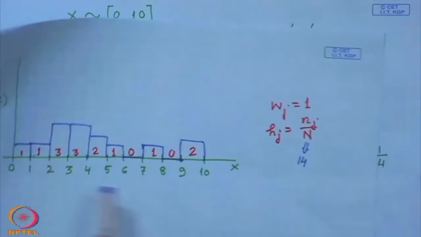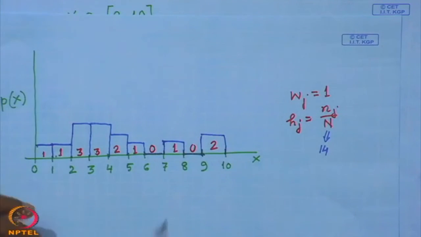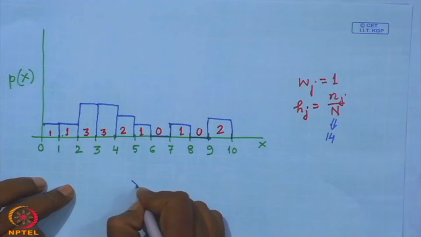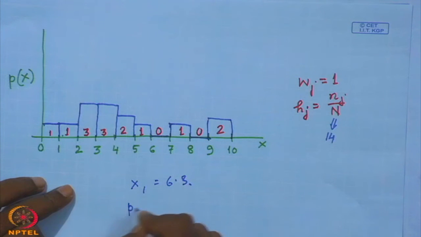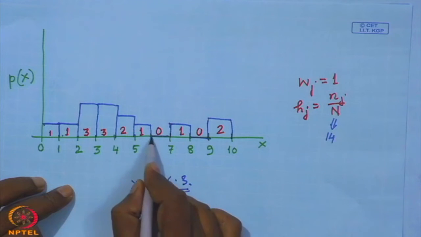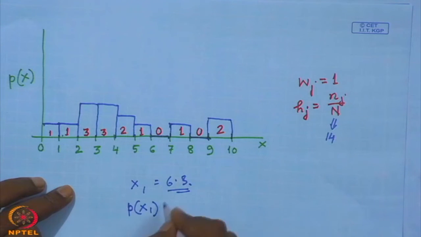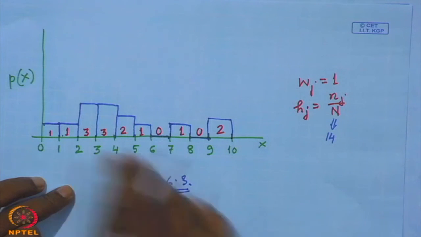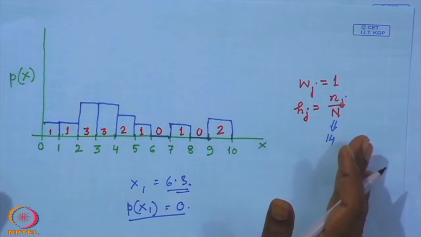Apparently it appears that this is what I should have from the given set of samples, but if I use this, then it is an overfit. Because if I have an unknown sample, say x 1 equal to 6.3, and I compute p of x 1, as 6.3 falls within this bin for which the probability density estimate was 0, p of x 1 will always be equal to 0. So, this is an overfit given the set of samples.